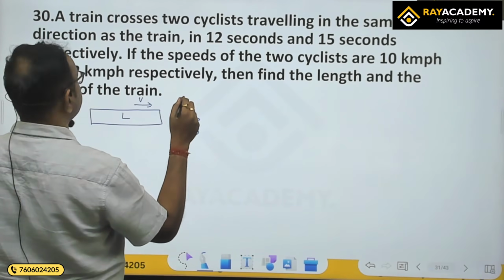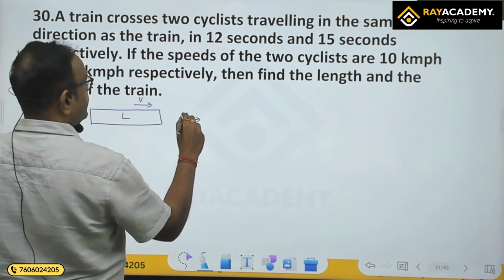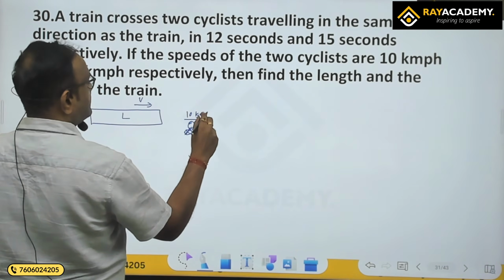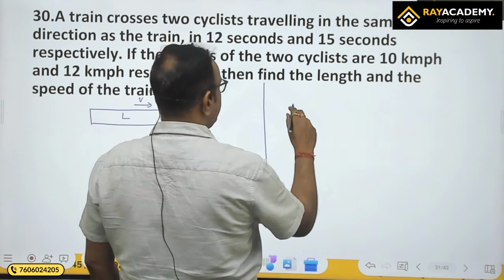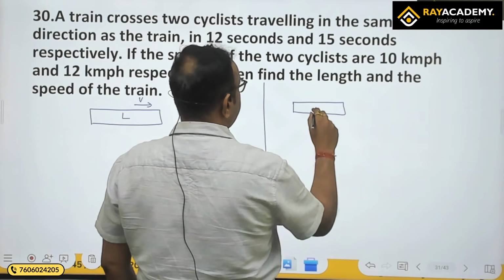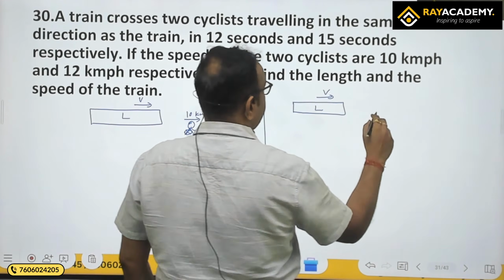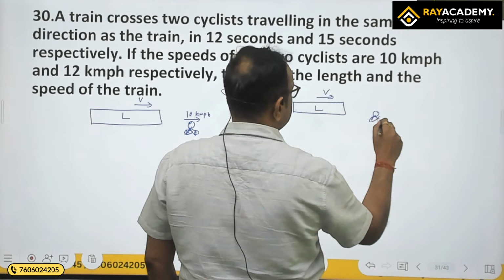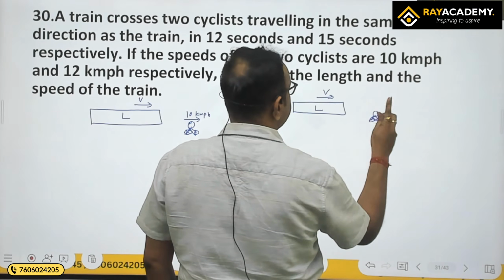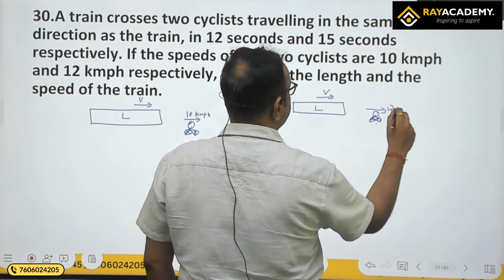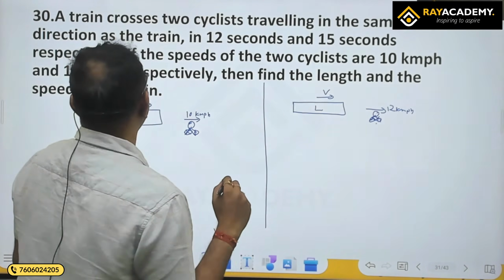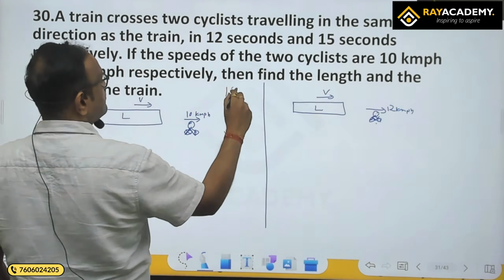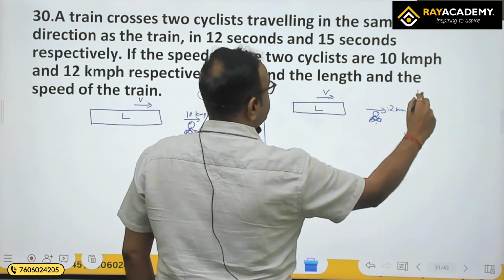The speed of the first cyclist is 10 km per hour. There is another scenario they have given: same train, same length L, same speed V, another cyclist whose speed is 12 km per hour. For this, 12 seconds it takes to cross the first, and 15 seconds to cross the second.